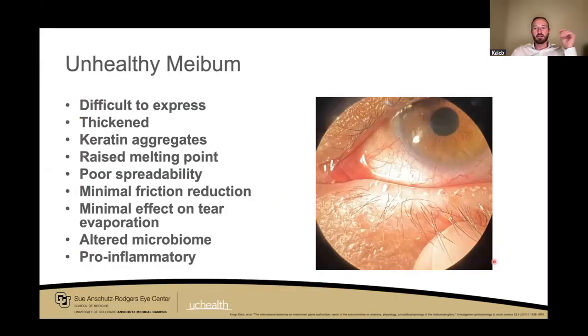The picture here is of a patient of mine who's an Uber driver. This patient could only drive for Uber for about 3 to 4 hours before his eyes bothered him so much that he just had to stop. And this is bad because it's his source of income. Whenever I went to express his glands on the first day, I was pushing hard. I literally could get nothing to come out of any of his meibomian glands.